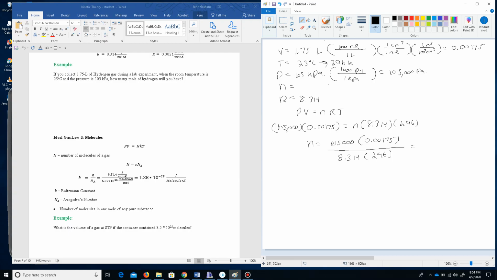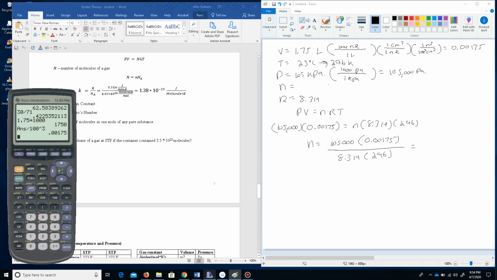Let me go to my other calculator. Keep forgetting that. Right, so 105,000 times 0.00175, divided by 8.314 and divided by 296.